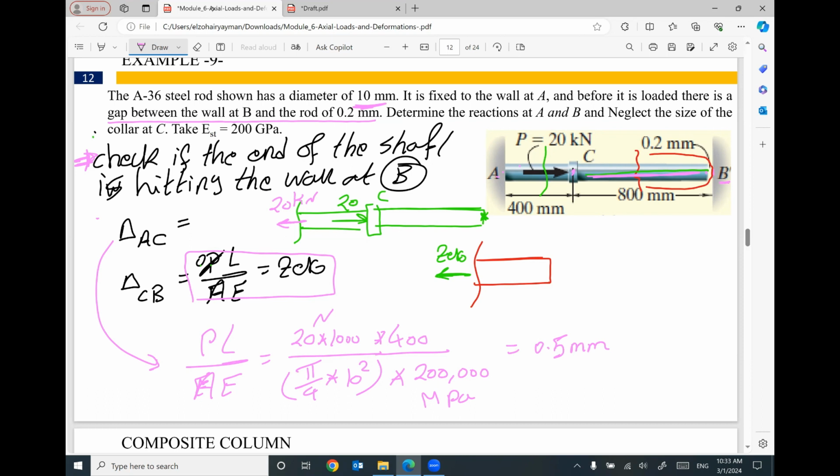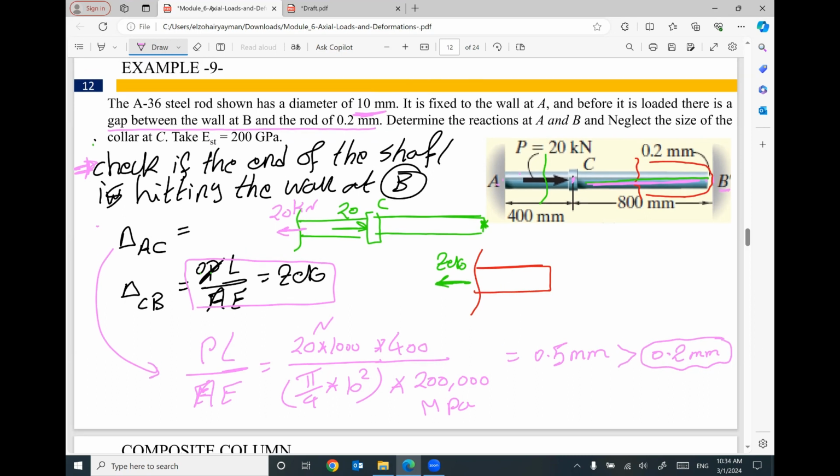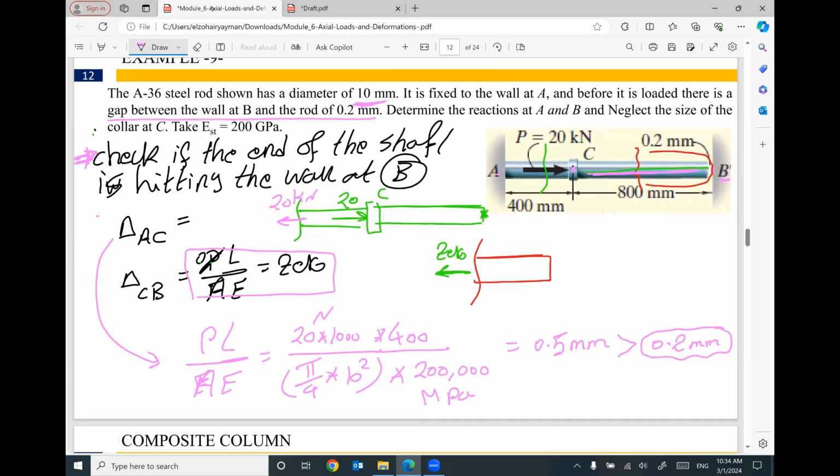Wow. So the final elongation in the shaft will be 0.5 millimeter. However, this elongation is greater than the gap between the end of the shaft and the wall at B. So your assumption is not correct.